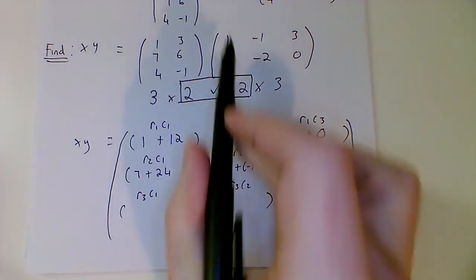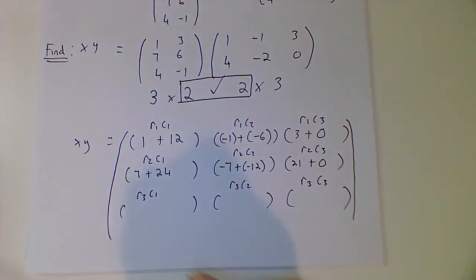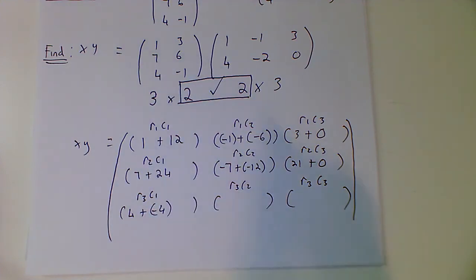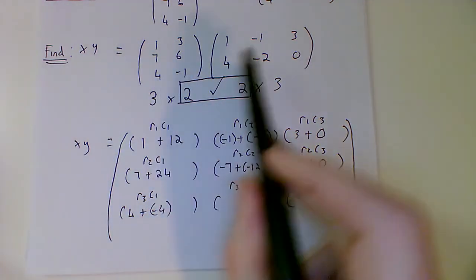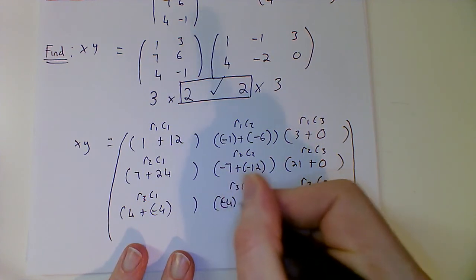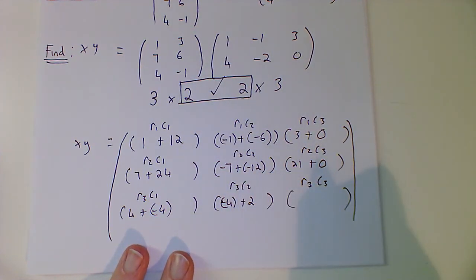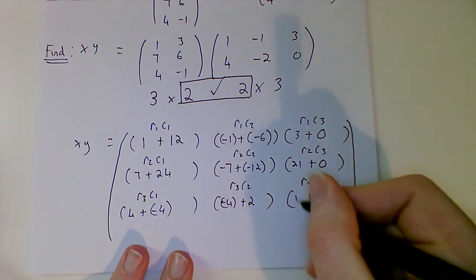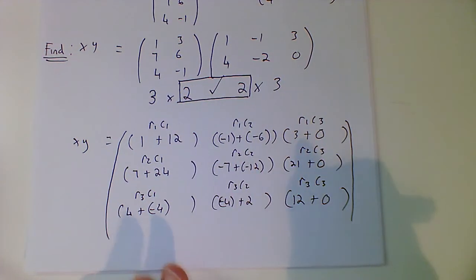And then lastly, row 3 times column 1, so that's 4 plus -4, -4 plus 2, and 12 plus 0.